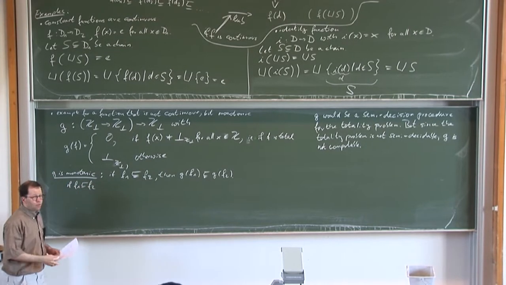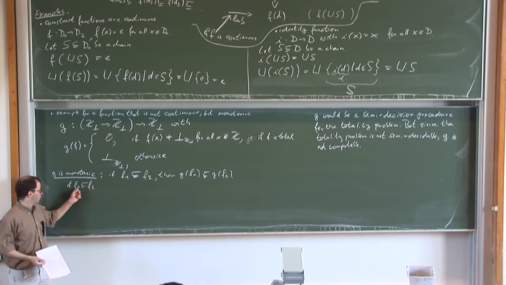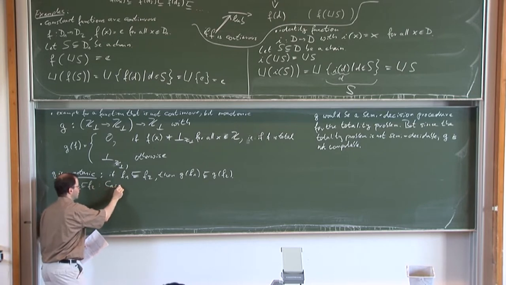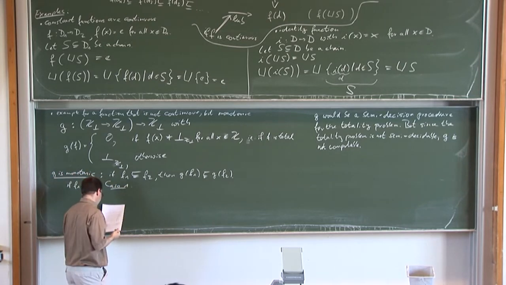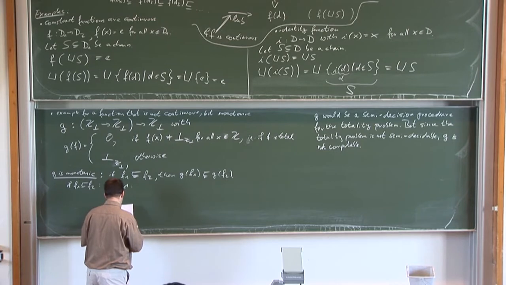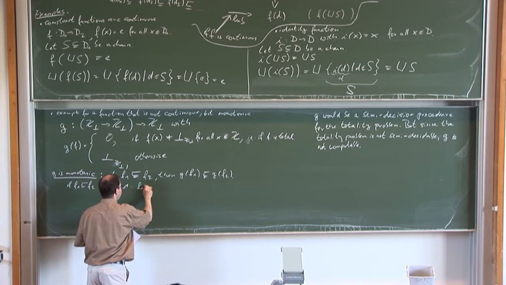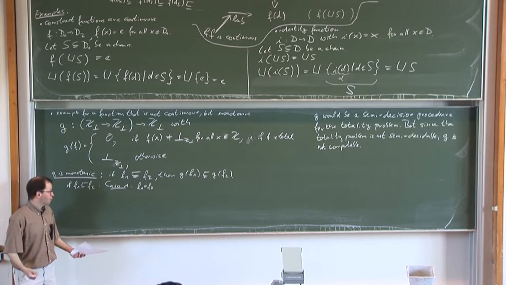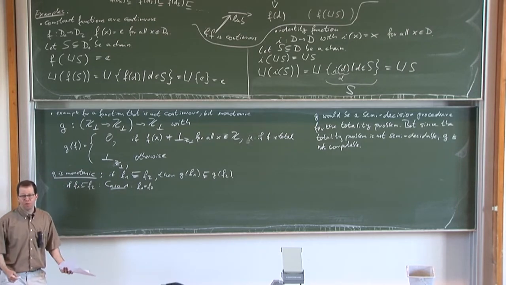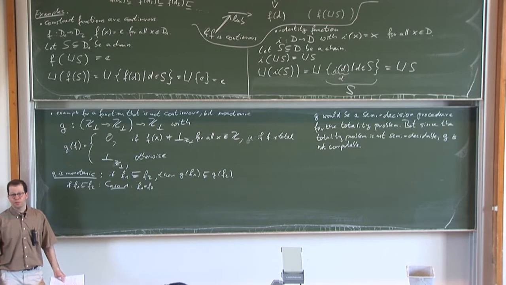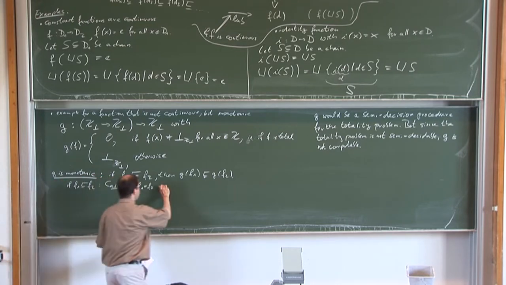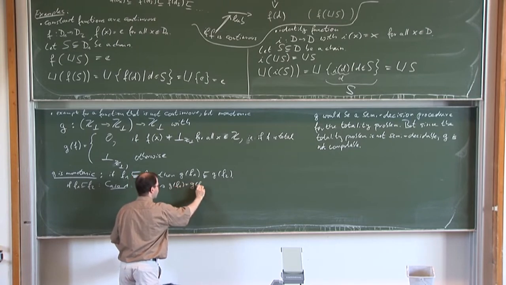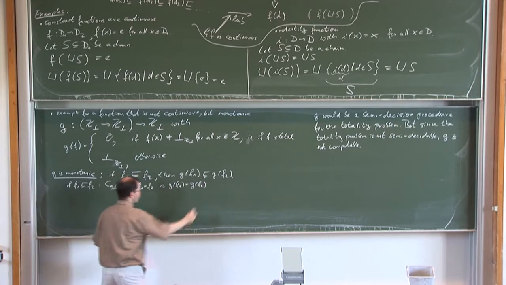Let's take two functions, f1 and f2, and let's say f1 is less defined or equal than f2. Now, the first case is f1 is equal to f2. Okay, if f1 and f2 are equal, then g of f1 and g of f2 will also be equal. So, in this case, we clearly have this claim.